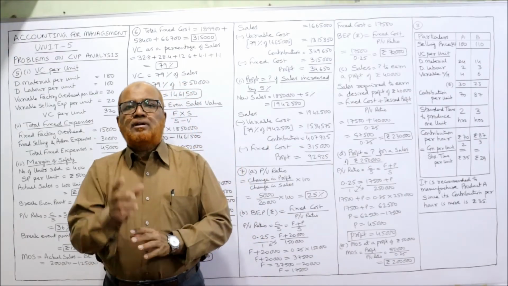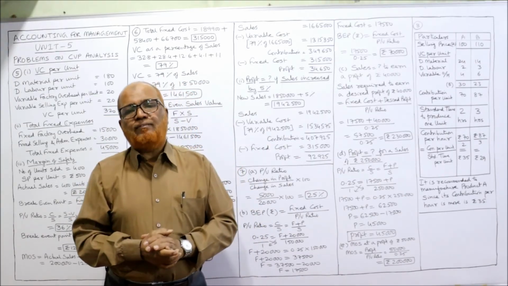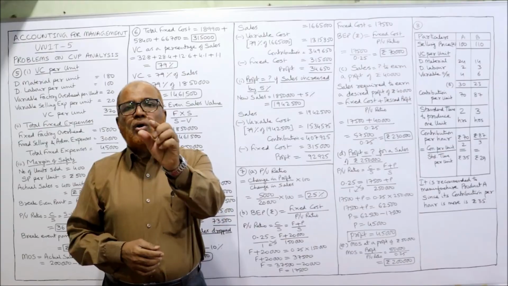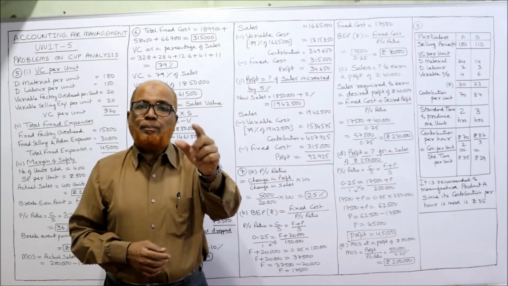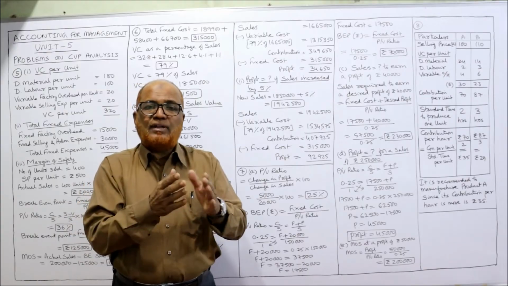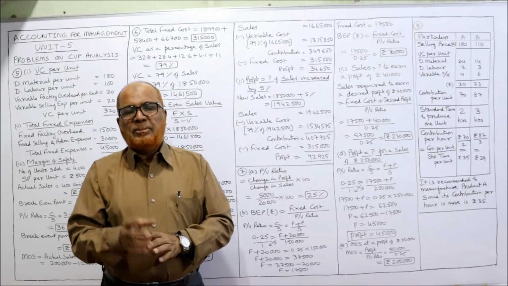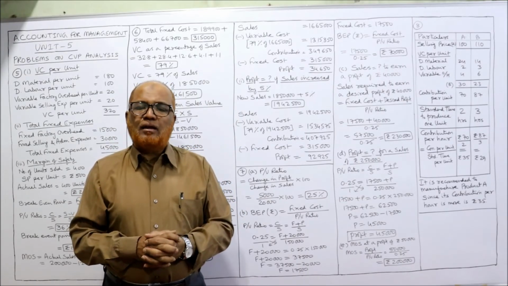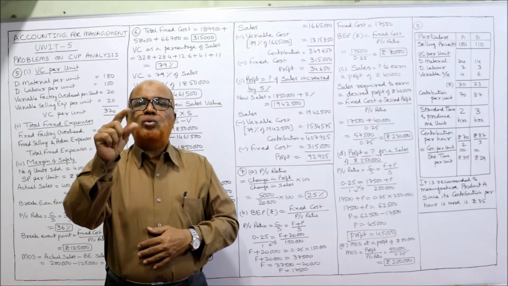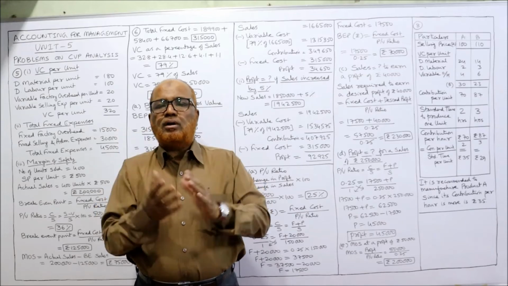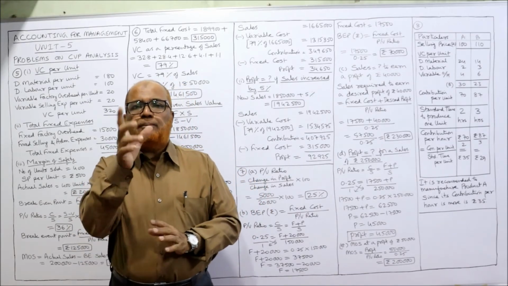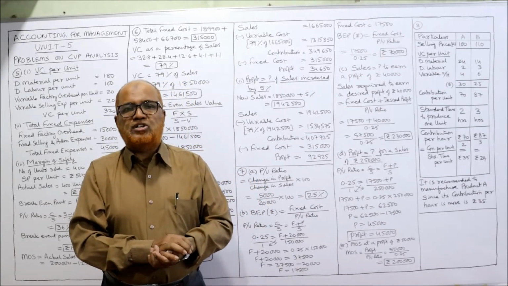In our problem, time is the limiting factor, key factor. So we calculate contribution per hour, because unit of time is hour. Whichever product gives more contribution per hour, that product is more profitable.